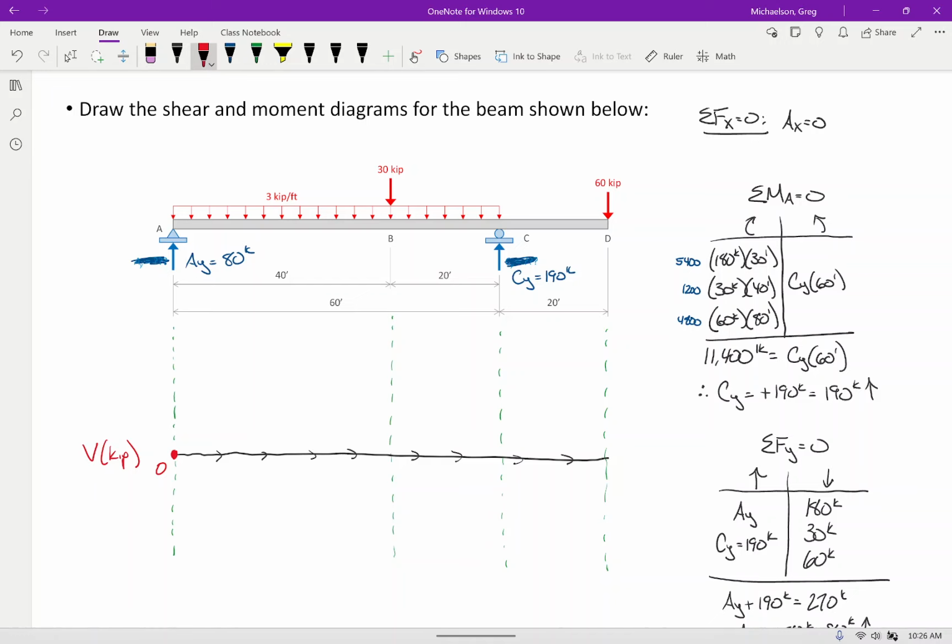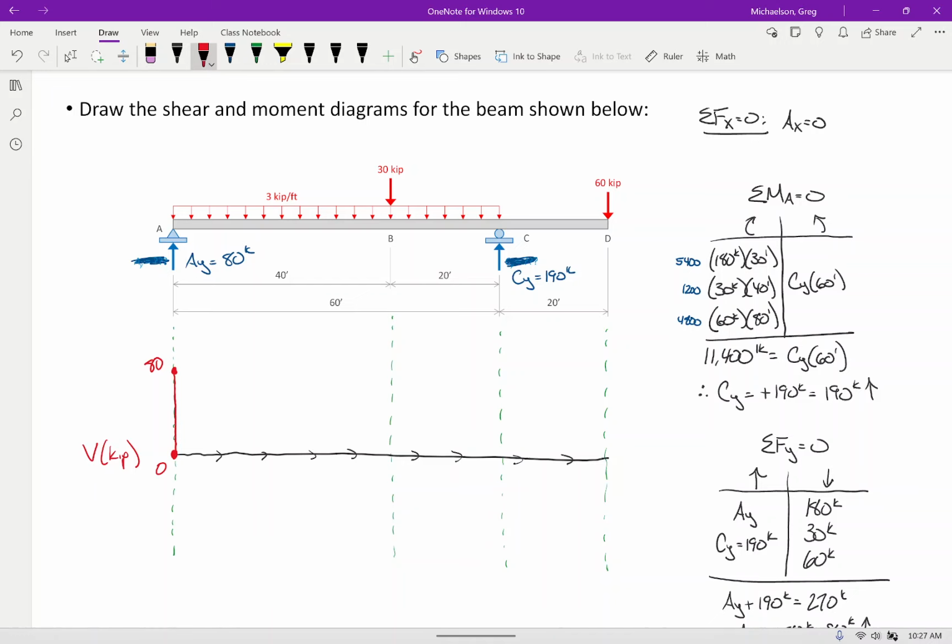Now, somebody tell me what's the first thing I need to do. Go up 80. Okay? So we'll draw a line, something about like this. Now let's talk about what happens from point A to point B. Let's keep our discussion simple. Am I going to go up from point A to point B, or am I going to go down? We'll go down because the load is pointing downwards, right?